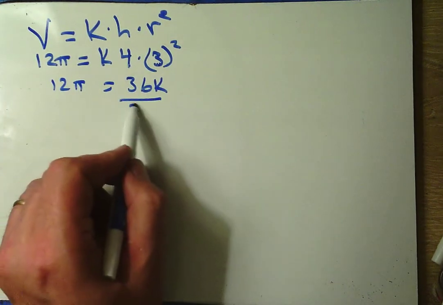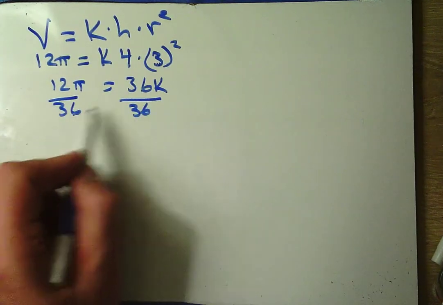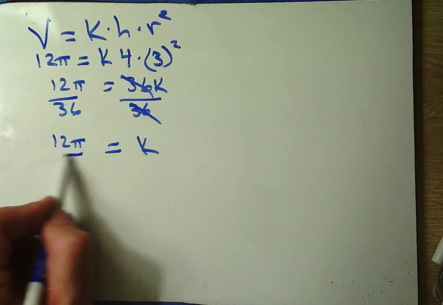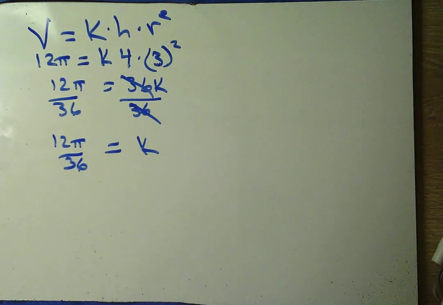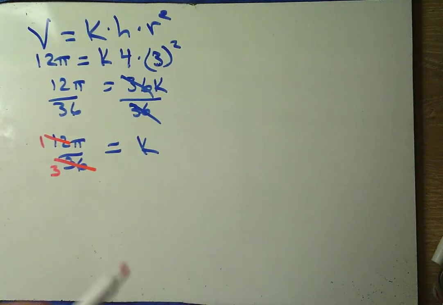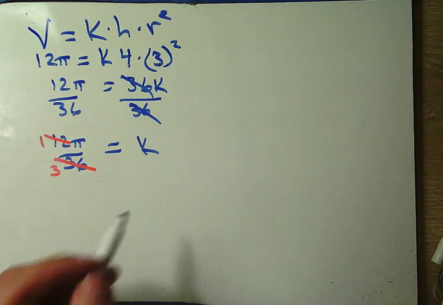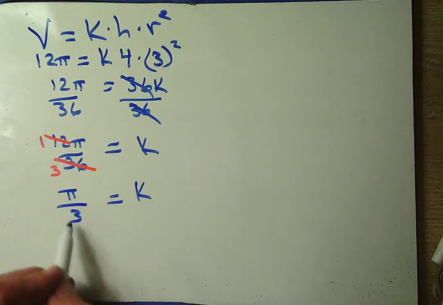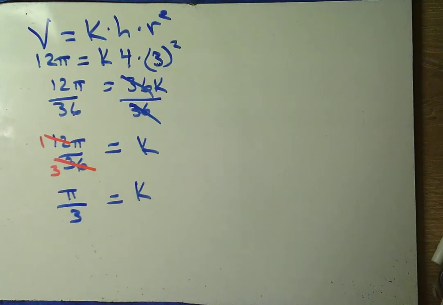And then we divide both sides by 36. And I get k equals 12 pi over 36. But wait a minute. We know that 12 goes into 12 one time, and 12 goes into 36 3 times. So my k value is going to be 1 pi over 3, also known as pi over 3.